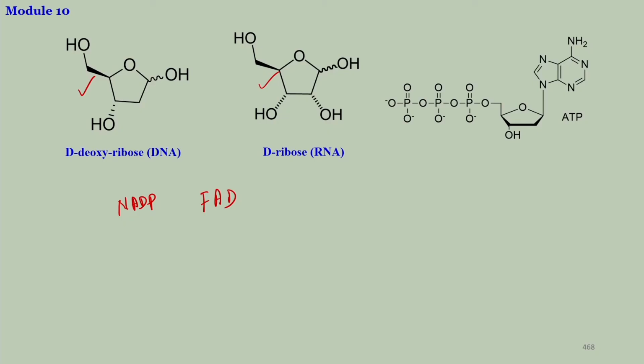There are many others, and all of these coenzymes have a sugar unit attached to them, most of the time ribose or deoxyribose. So, these are the smaller organic molecules, or smaller biomolecules, that contain carbohydrates.